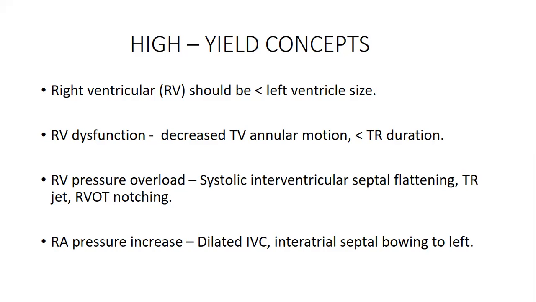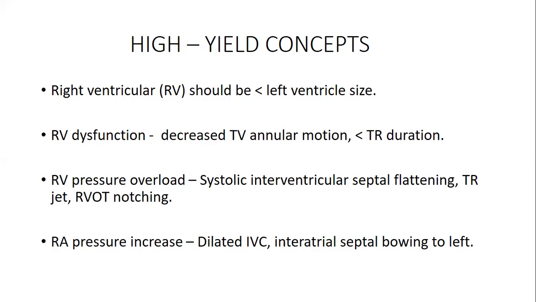So there are some few high-yield concepts that need to be understood as we do this modality, which is operator dependent. One of them is a general concept: when you are assessing the right ventricle, generally, empirically, it should be less than the left ventricle in size.